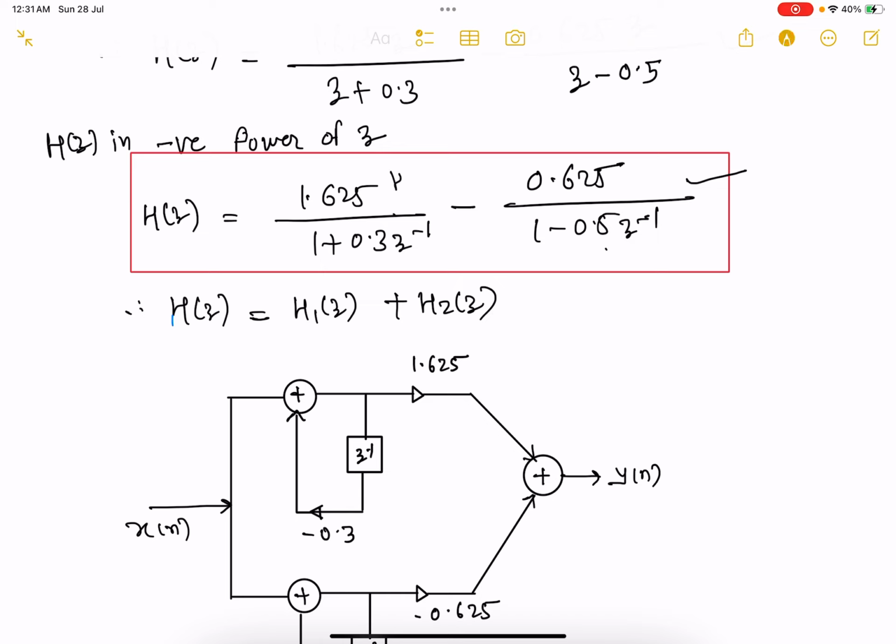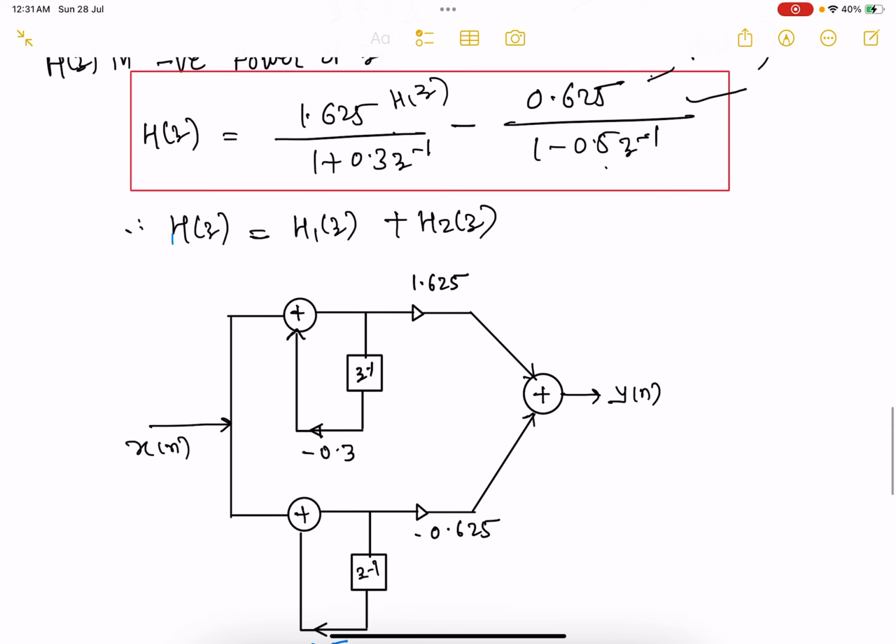Consider this as H1(z) and the second stage as H2(z). H1(z) and H2(z) both will be realized using direct form 2.